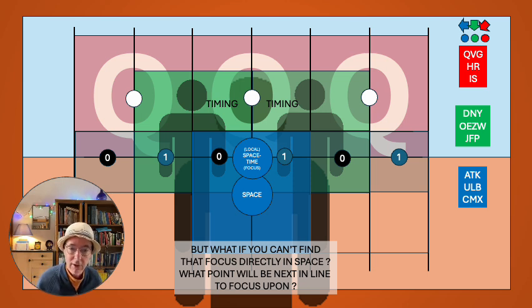If you don't see it at this point, this one point of focus will become zero, so you will not have that focus, and you will have to look higher up in the system. Where will you be next in line in focus when you don't have the moment in space where you receive it?